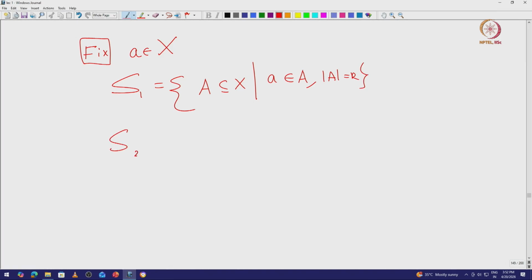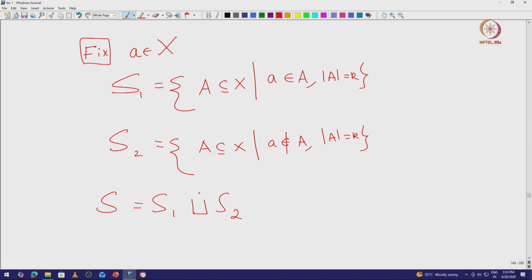And similarly, one can write S2, which is again all those subsets such that A does not contain the element a and the cardinality of A is k. So, now it is clear that S will be the disjoint union of S1 and S2.